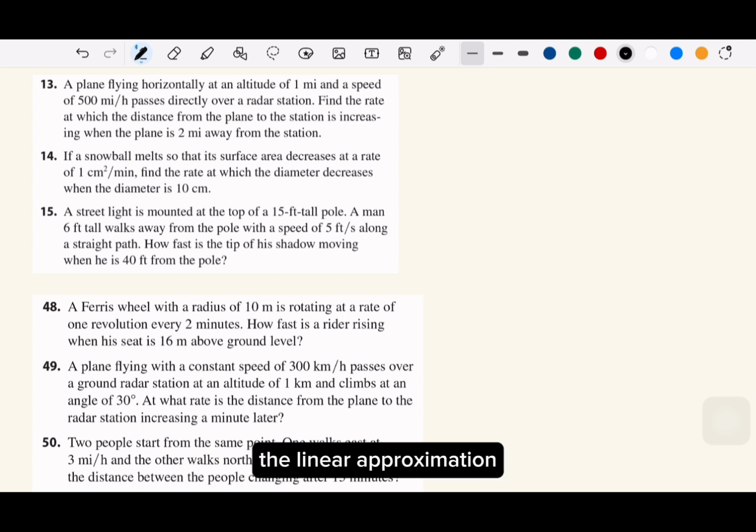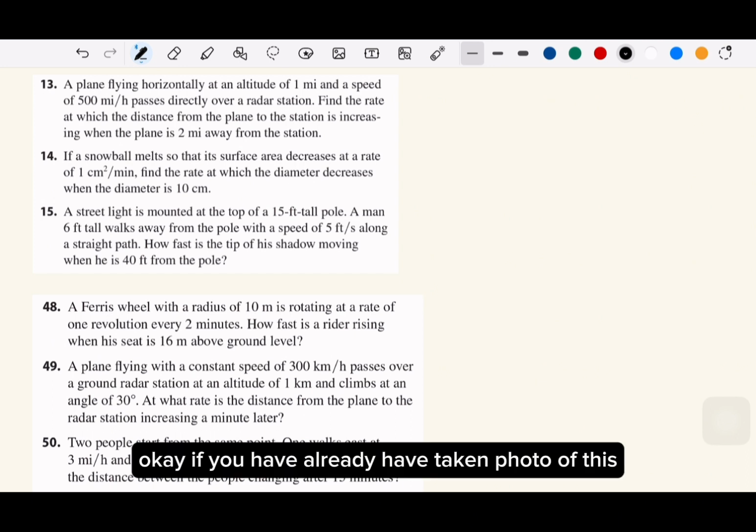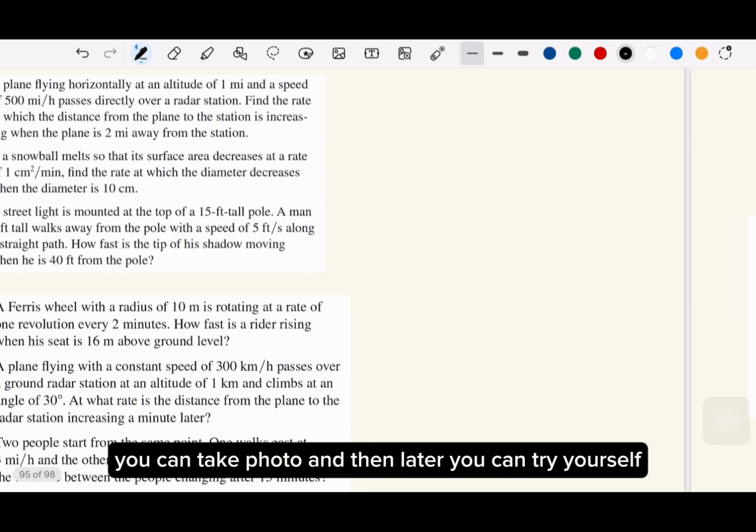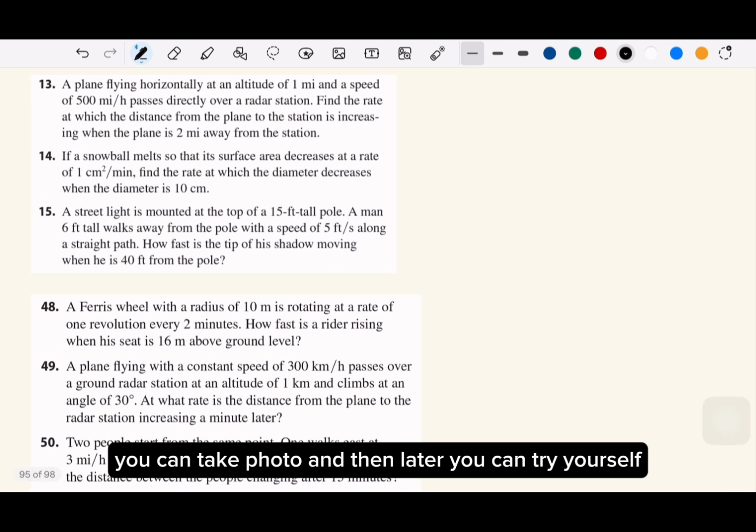Okay, the linear approximation, which is still related to the tangent line. If you already have taken a photo of this, you can take a photo and then later you can try yourself.